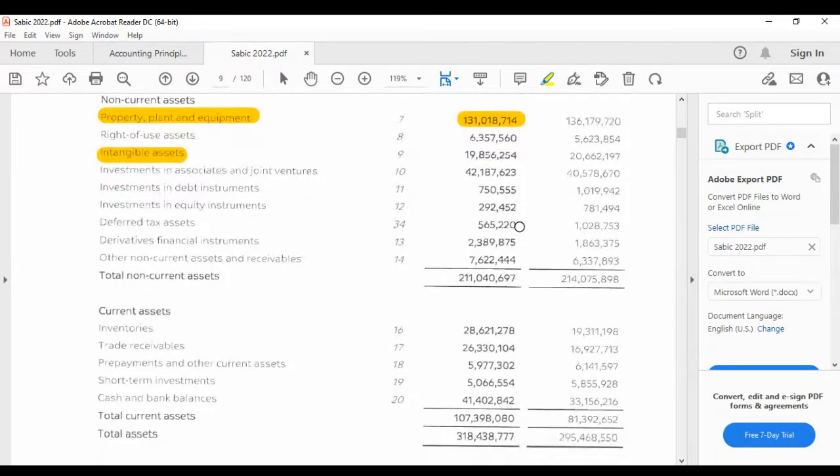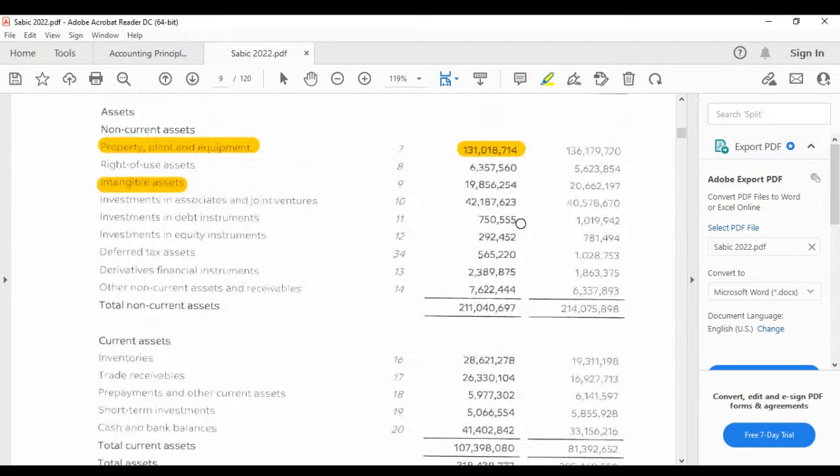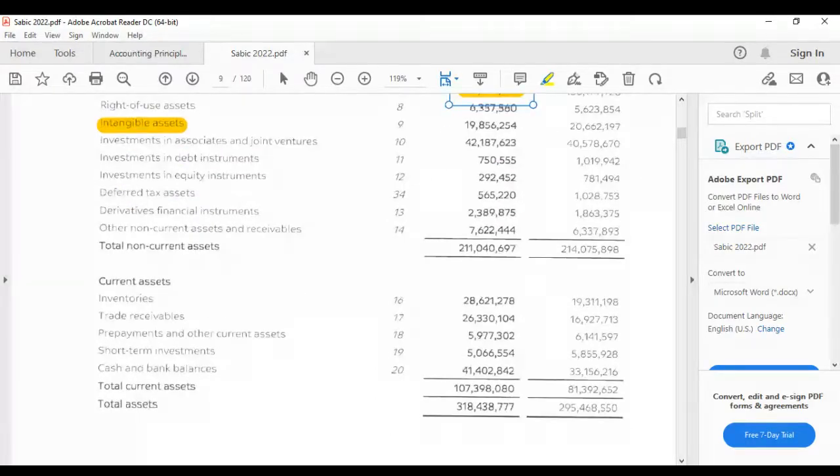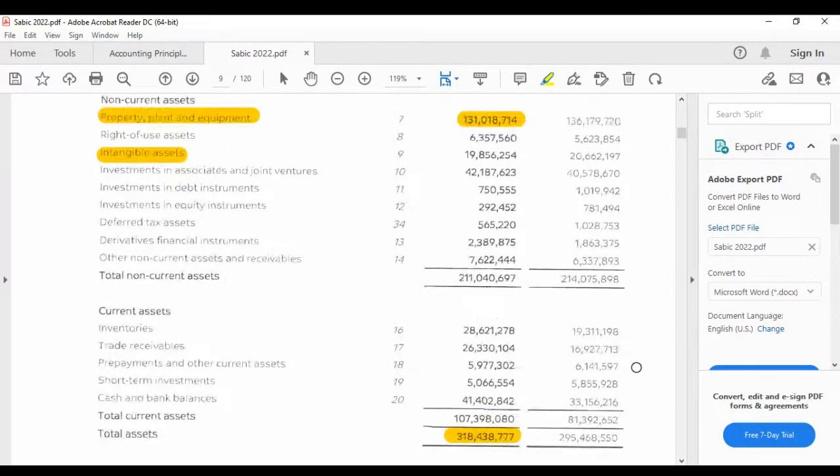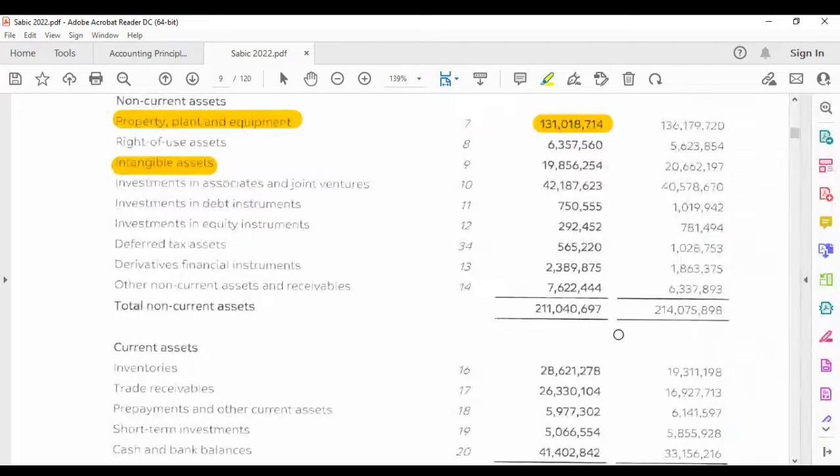So can we calculate property, plant, and equipment as a percentage of total assets? What is the total asset? This one. Can someone give me this number? What is the percentage?